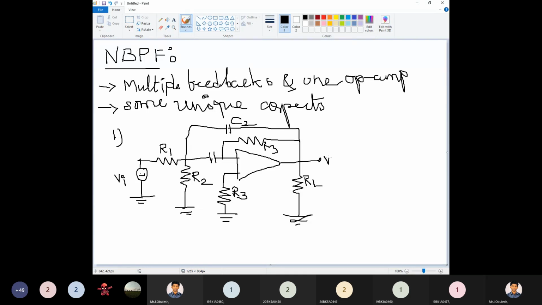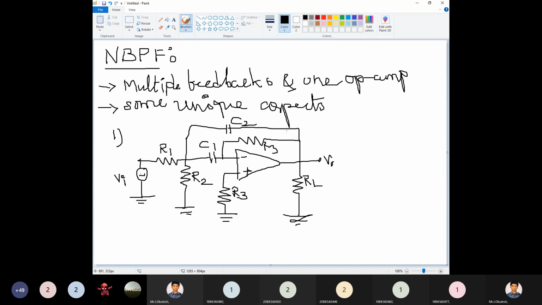Here we will get the output voltage. This is the inverting terminal, non-inverting terminal. This is C1. Okay, so this is the circuit diagram for the narrow bandpass filter.